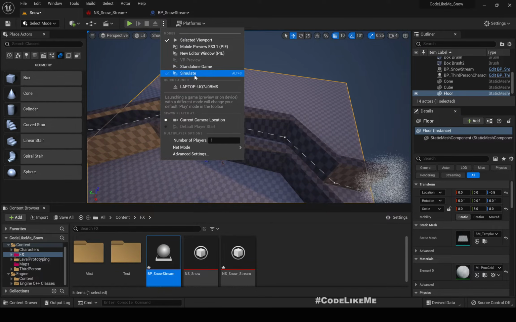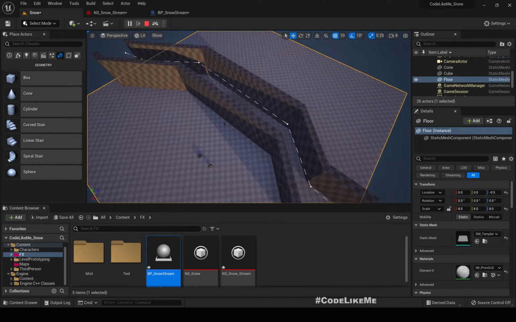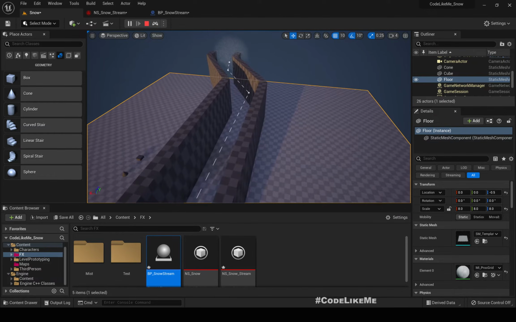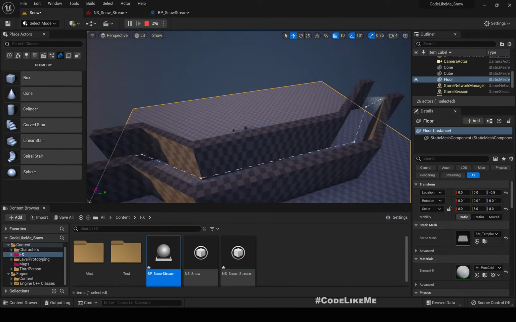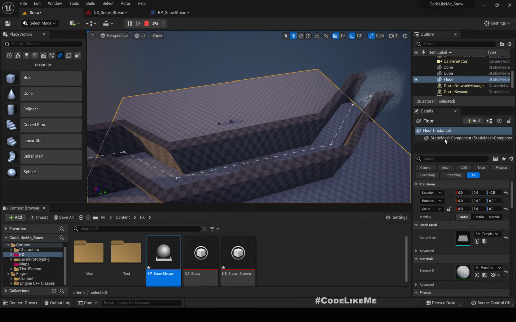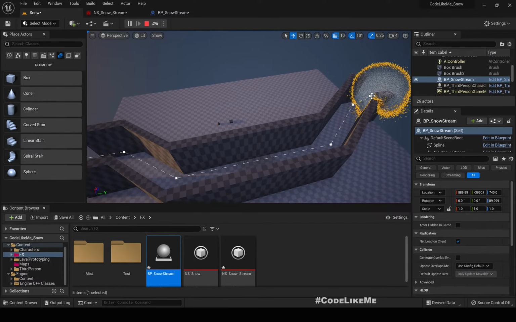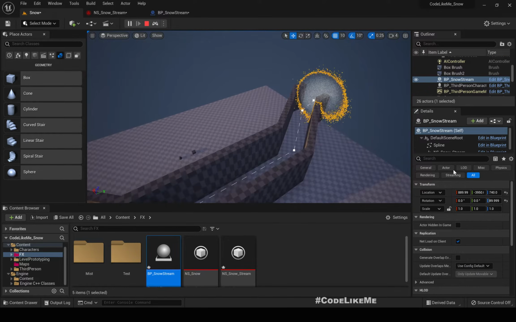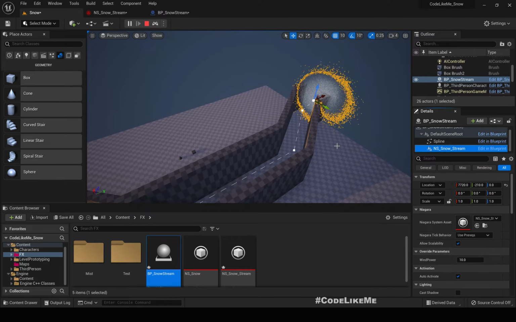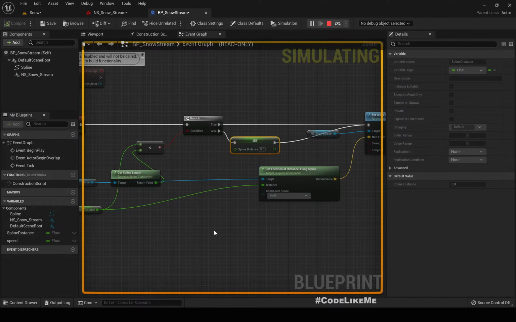Let me simulate and check. No, it doesn't change. Why?